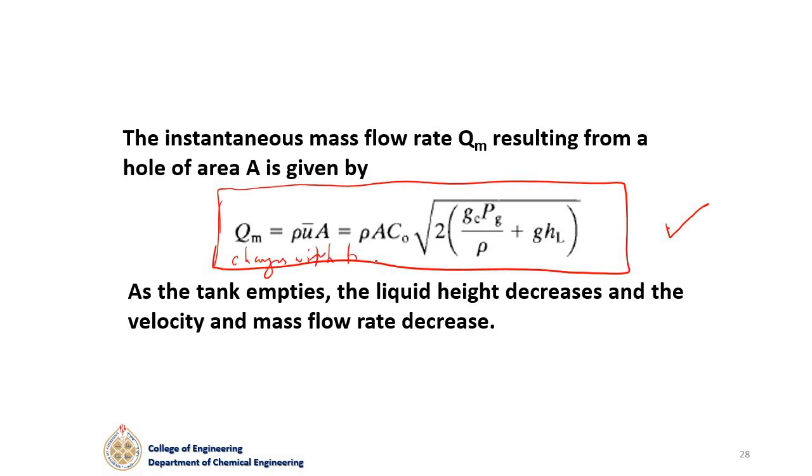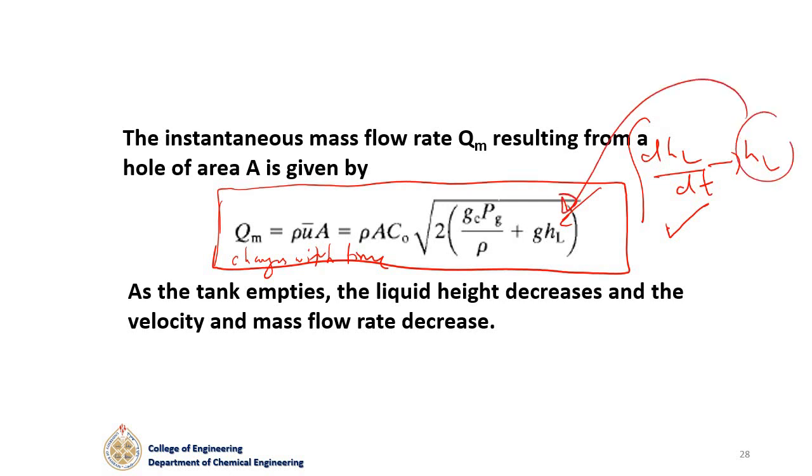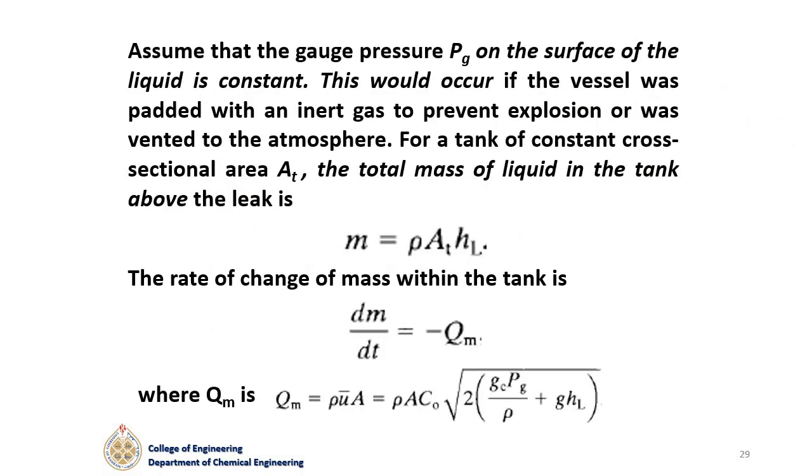And because it changes with time, we need to find dHL by dt, and then we integrate to find HL. And of course, HL is going to be substituted here so that we can find Qm. So that is the idea. So how to find dHL by dt?